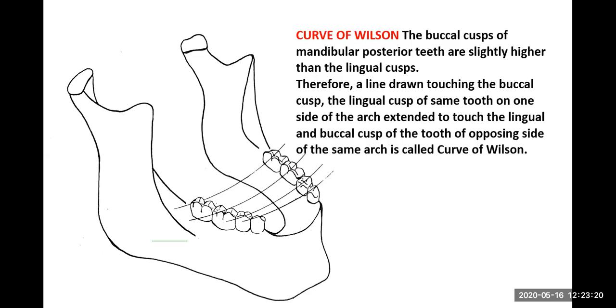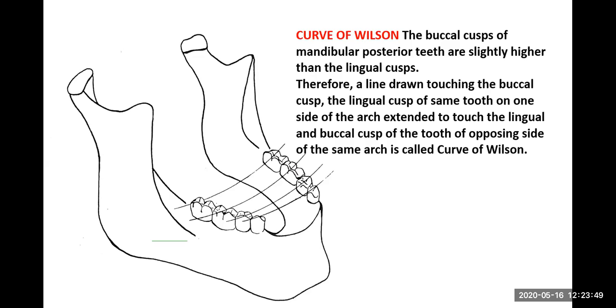So when the line touches the buccal and lingual cusps of both sides, it forms a saucer kind of shape. And that curve is called curve of Wilson.